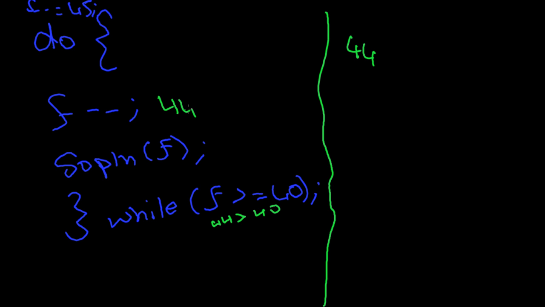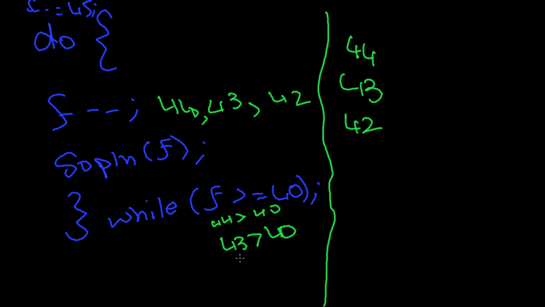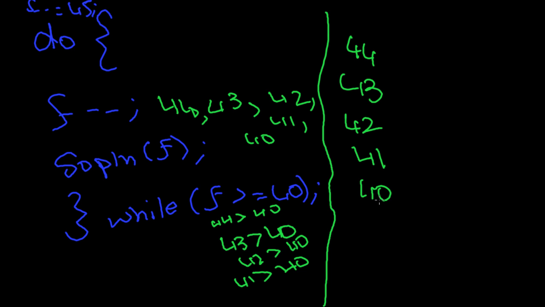Comes back up, becomes 43, prints 43. 43 is greater than 40, goes back, becomes 42, prints 42. 42 is greater than 40, becomes 41, prints 41, then comes down, 41 is greater than 40, comes here, becomes 40, prints 40.